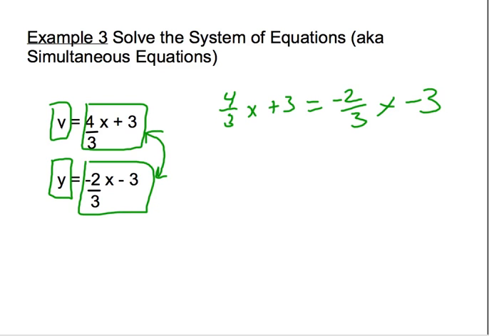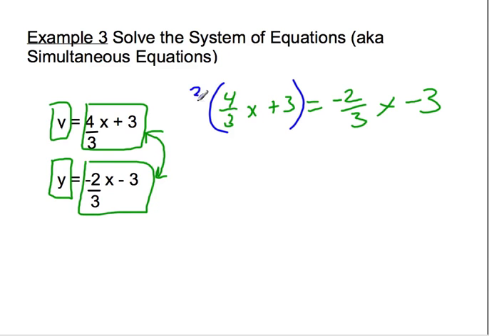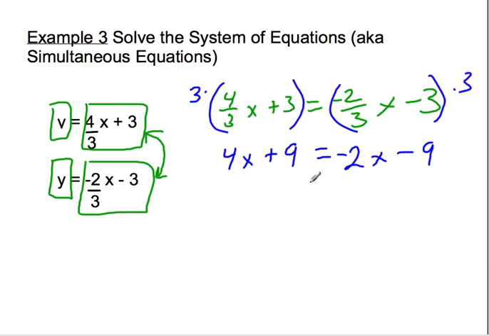And now we're going to solve this equation. My first step would be to multiply both sides of the equation by 3 to eliminate the fractions. So this 3 will cancel this 3, you get 4x. 3 times 3 is 9. This 3 will cancel this 3, you get negative 2x, and 3 times negative 3 is negative 9.